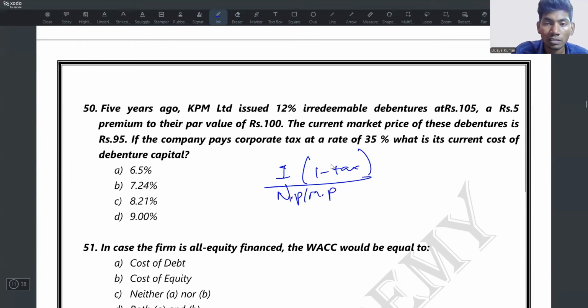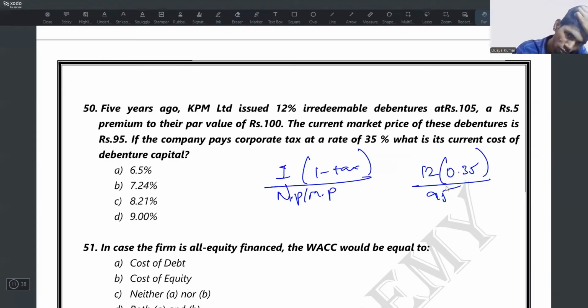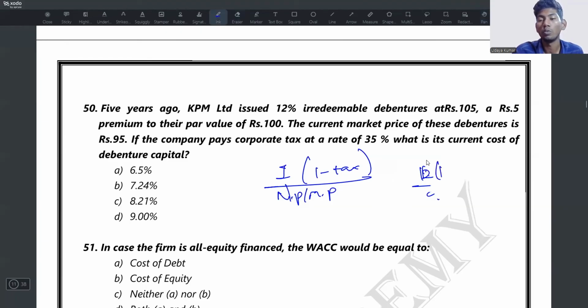So what is the value? Interest is 12% of rupees 100, which is 12. 1 minus tax is 0.35, divided by the current market price of 95. So 12 into 1 minus 0.35 divided by 95, which is 12 into 0.65 divided by 95, equal to 7.8 divided by 95.